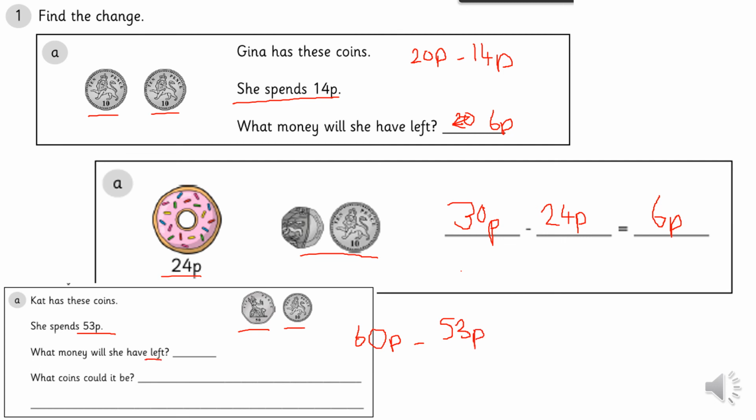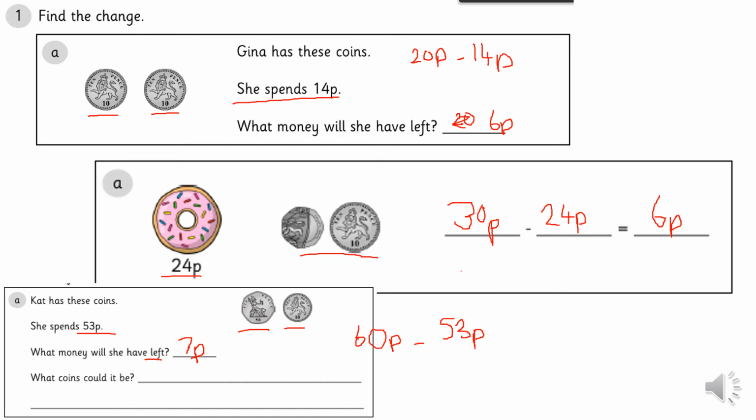So put 53 in your head and then count up to 60. 53 in your head, 54, 55, 56, 57, 58, 59, 60. Did you use your fingers? 7p change.